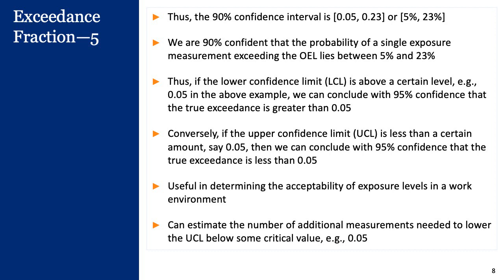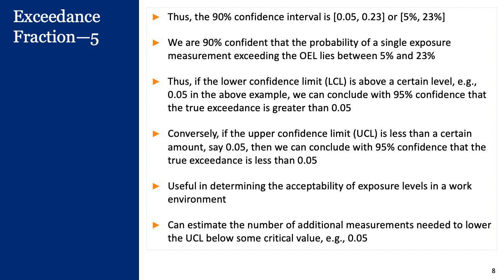Thus, if the lower confidence limit, or LCL, is above a certain level, for example, 5% in this example, we can conclude with 95% confidence that the true exceedance fraction is greater than 5%, or 0.05. You notice that I am switching between the 90% confidence interval, which contains both the limits, 5% and 23%.